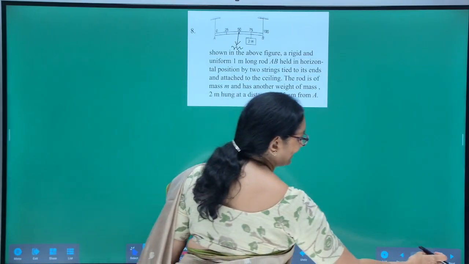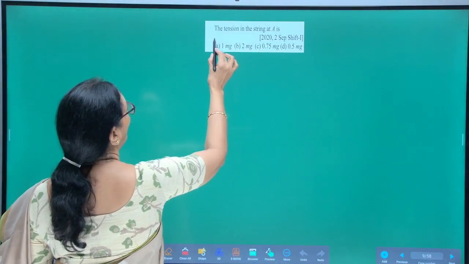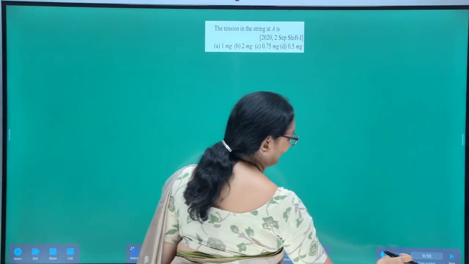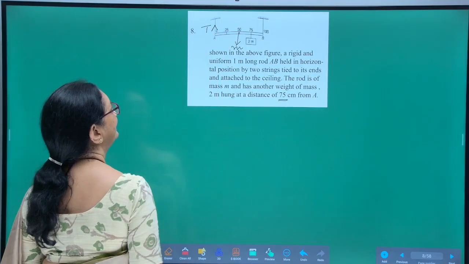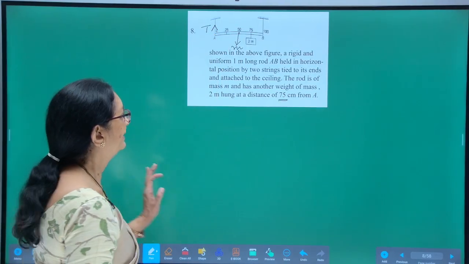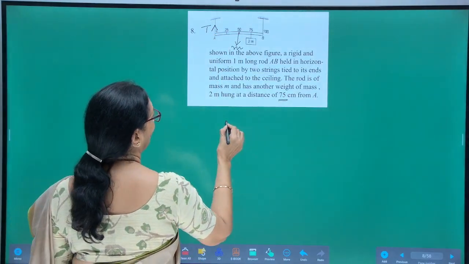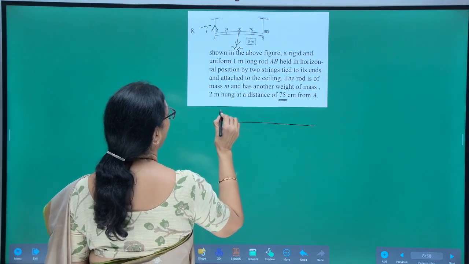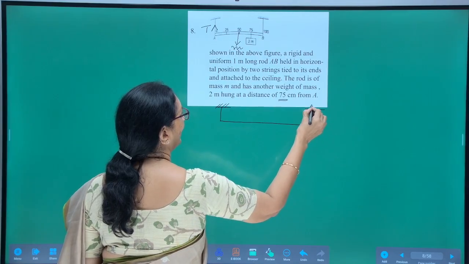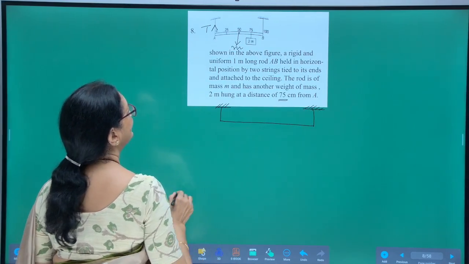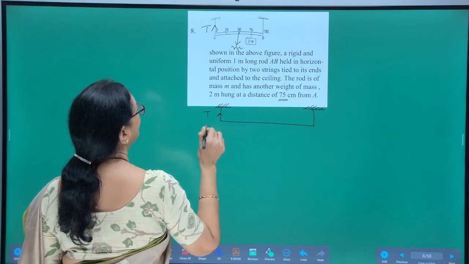In the next page, actually the question is given: what is the tension in the string A? So, we need to find out the tension in the string, right. Here the rod is suspended at its ends like this. You need to find out the tension here.